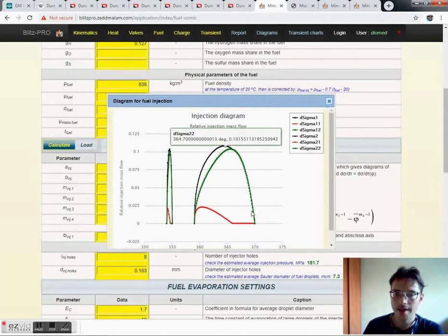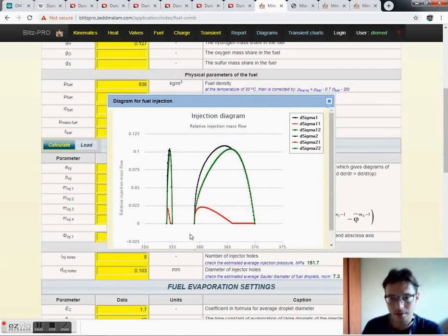So what is the idea? The idea is to inject a small pilot portion of fuel which will burn before the main injection occurs, and that will make the gases in the cylinder very hot.